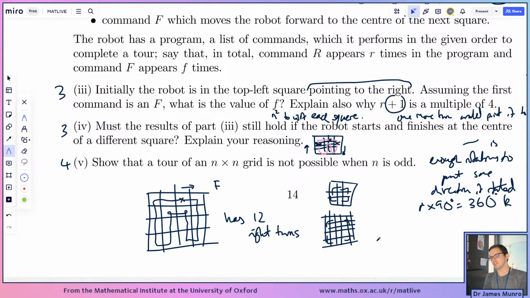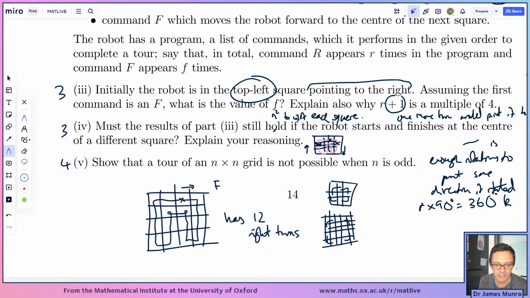If you're trying to join things up on your tour, how are you going to do it? The corners are interesting to me, but I guess the corners were there on the even grid as well, so what am I saying? Did I just disprove 3? No, because in 3 I'm told the robot starts in the top left square, which is a very special case. For part 4 I found a different square where it was no longer quite the same.